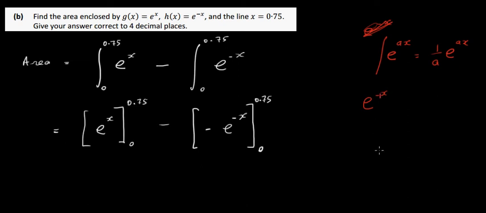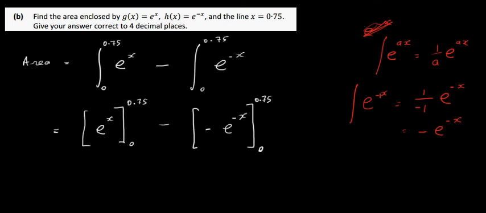There's a 1 there. So our a here, if you like, is minus 1. If we integrate this, then we'll get 1 over our minus 1, e to the power of ax. Well, our a is minus 1, so it's just minus 1x, or minus x. So this becomes minus 1, and this is e to the power of minus x here. So that's where I got this from.